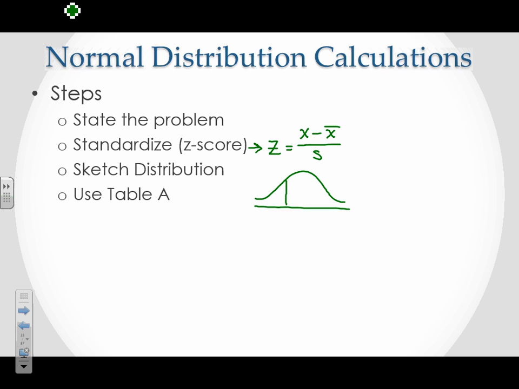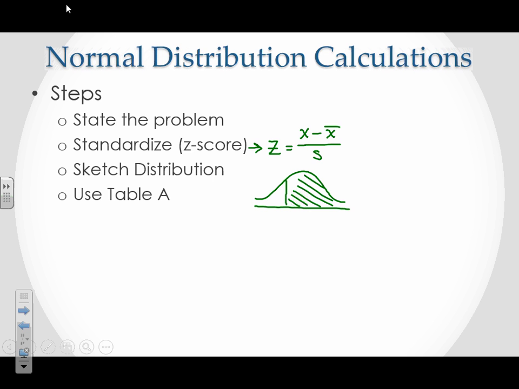And then we determine, are we going less than or greater than? Do we want to shade left or right? If it's something to the right, then we would just shade. And now we have our distribution. So then all I need to do is use Table A, find the proportion or the percentage that matches my picture now. So my last step would be to use Table A, look at the z-score, and calculate the correct percentage.